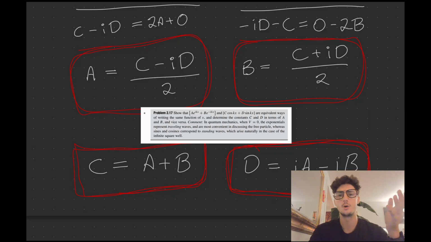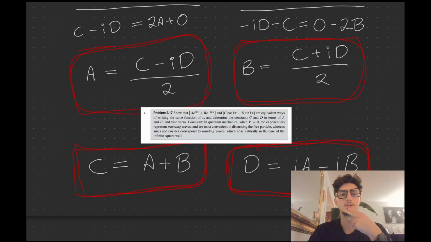Then we have the finite square well, which also has a potential equal to 0 outside the well, right? It's 0 everywhere except this little box where it's some certain negative potential. Outside the well, there are traveling wave solutions. Inside the well, there are trapped states, bound states, and those you can write as sines and cosines. But outside the well, I think it is traveling waves, if I'm not mistaken.